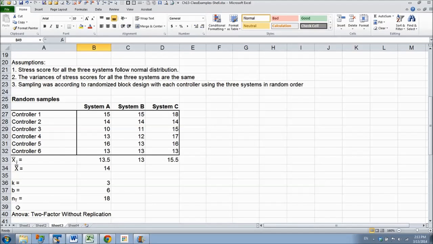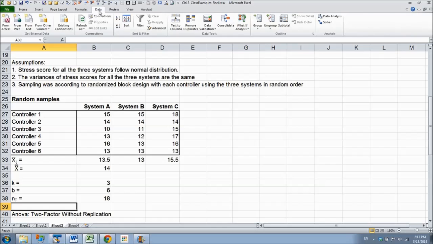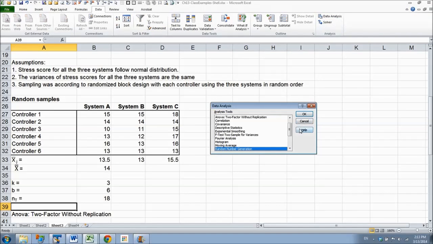Now we're going to generate the ANOVA output for block design. So go to Data Analysis. Now you have to carefully select.